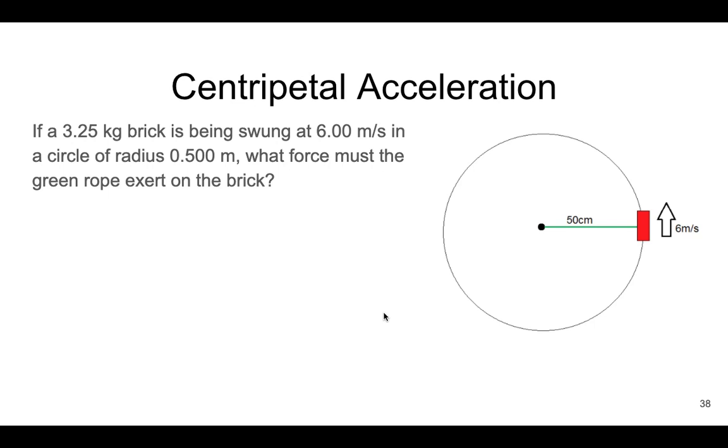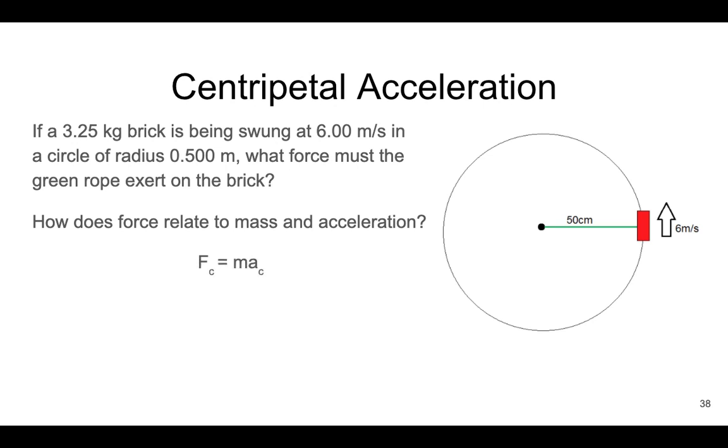So if the mass of this brick is 3.25 kilograms, and we're swinging it around at this tangential velocity in that radius, what force must the rope be providing to keep the brick moving that way? So how does force relate to mass and acceleration? Another way of saying this is, what's the most important thing you will learn in physics all year?